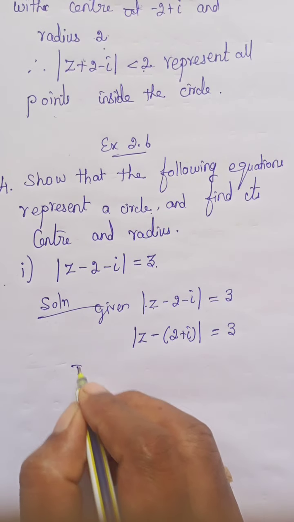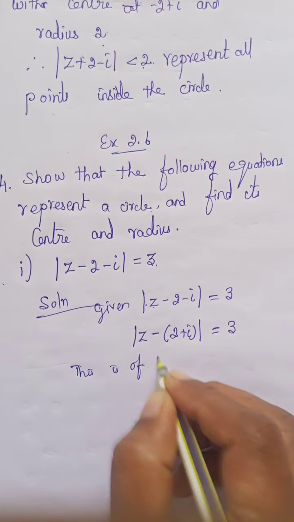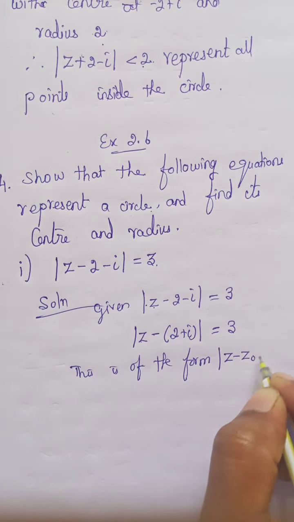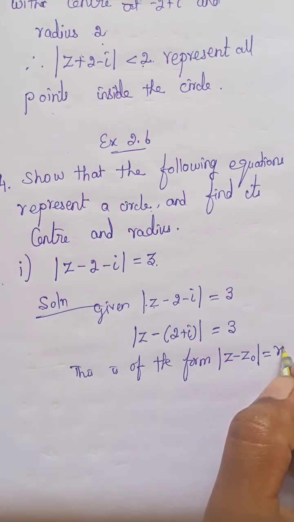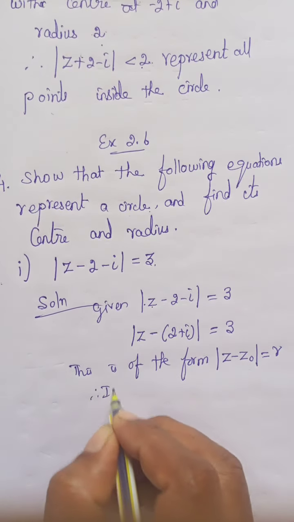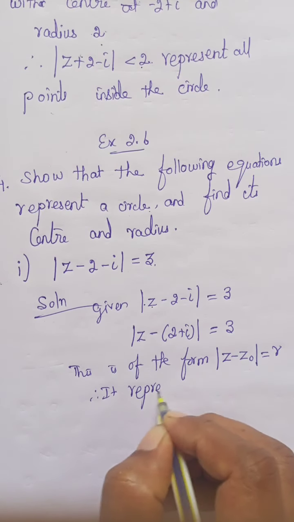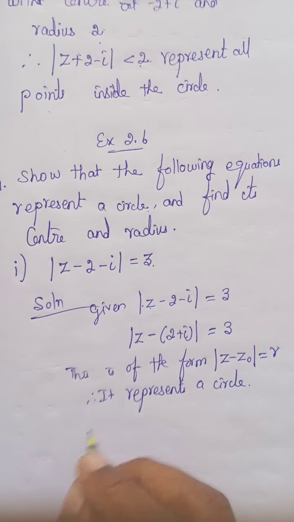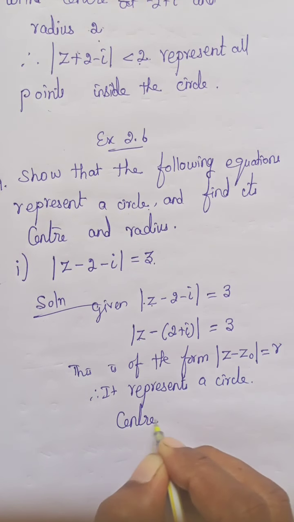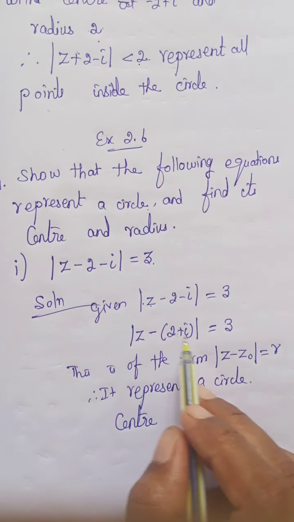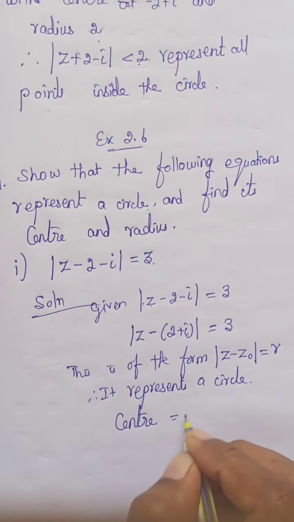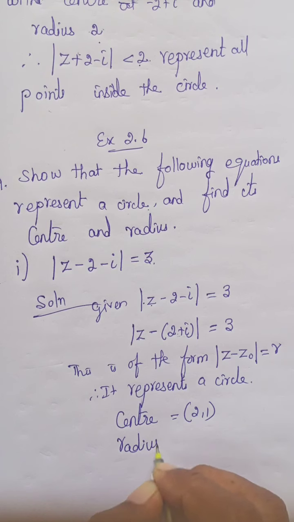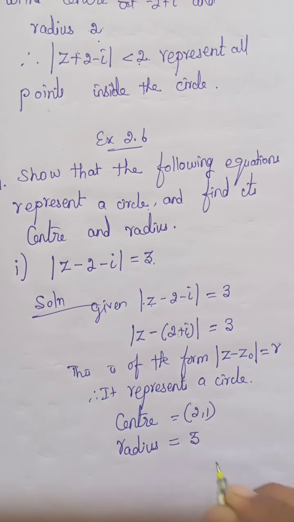So now you can write this is of the form modulus z minus z0 equal to R. Therefore, it represents a circle. Isn't it? Now you can write center. Center is equal to 2, 1.